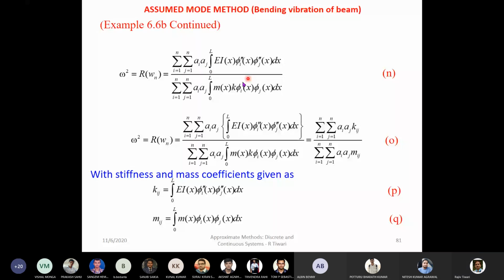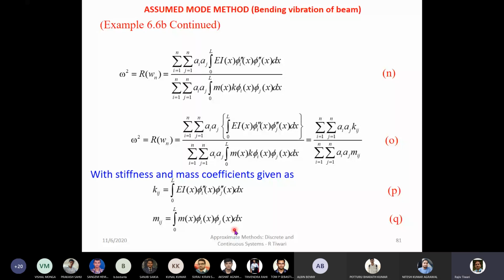And now this expression within the bracket I'm representing as Kij, and this term is Mij. So these are the required coefficients, stiffness and mass coefficients, which we need to calculate.